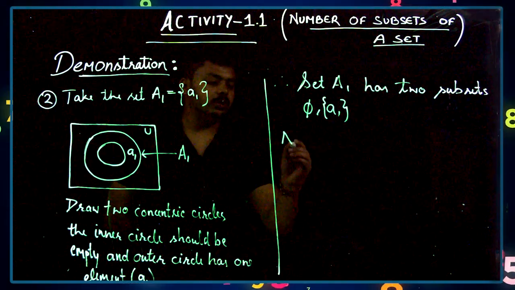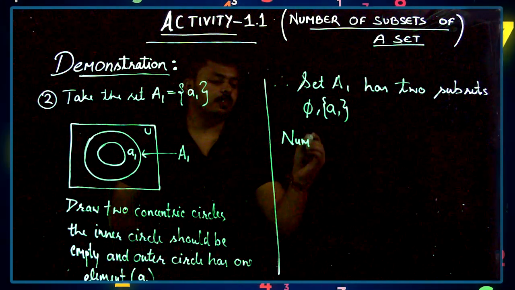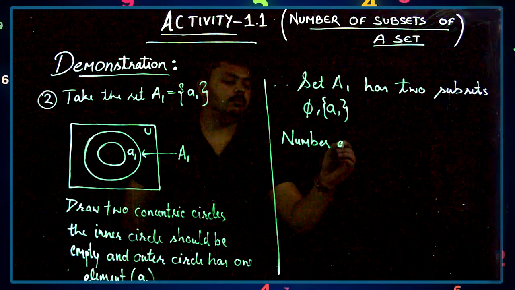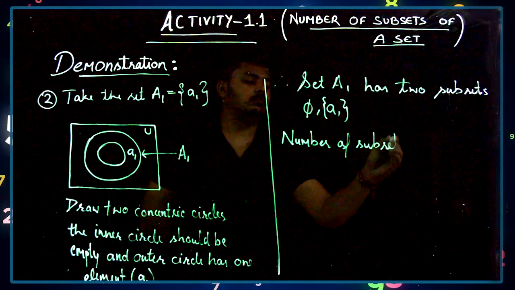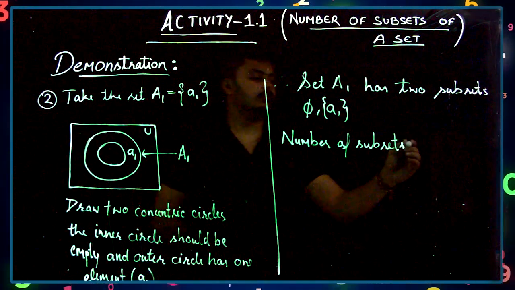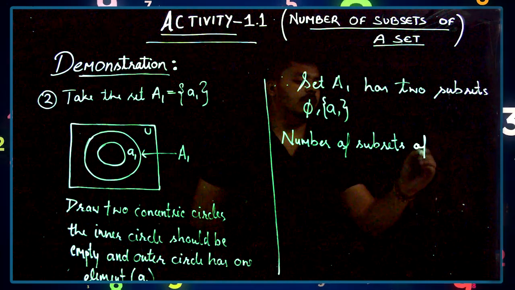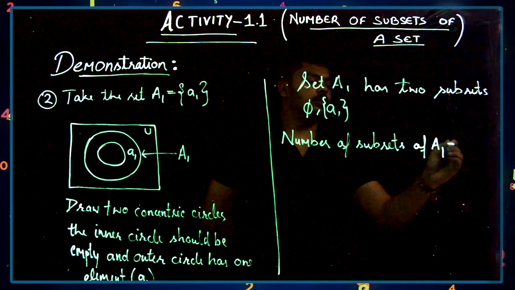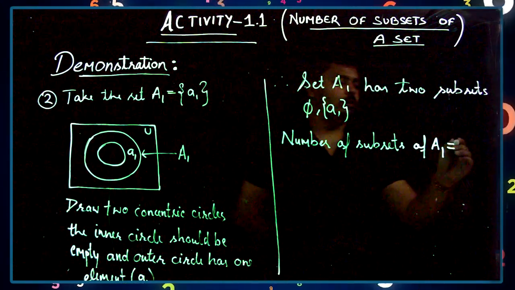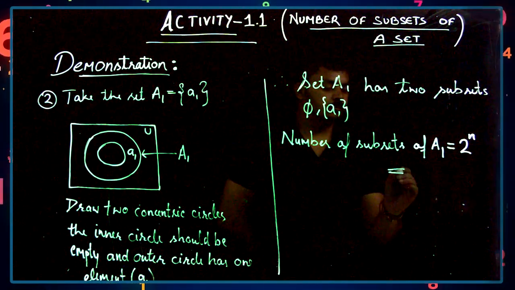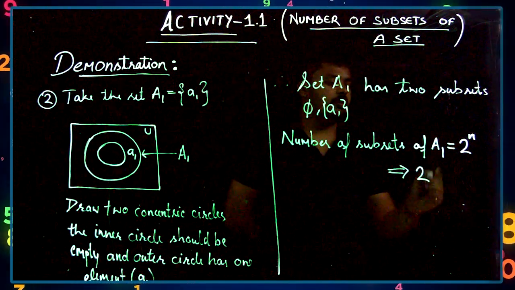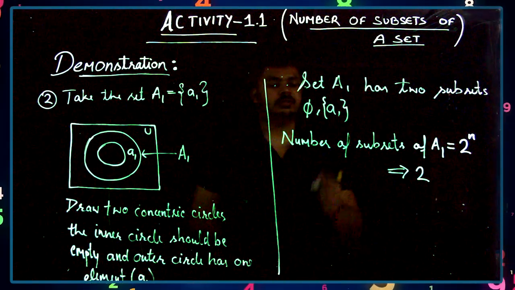If we calculate using the formula, the number of subsets of A1 equals 2 to the power n, where the number of elements is 1.